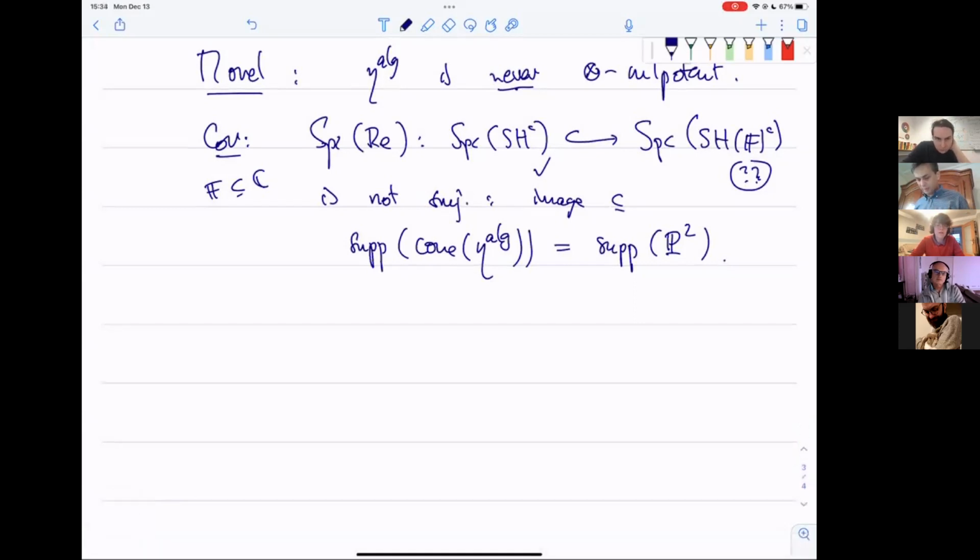Actually, people have claimed that this is a strict inclusion, and I think it was formally open until yesterday, and if the discussion I had with Martin is correct, we now know a proof that this is a sharp inclusion. So there is more to it, and in particular, I suspect that the realization will not catch the closed points of the spectrum of the Motivic homotopy category.